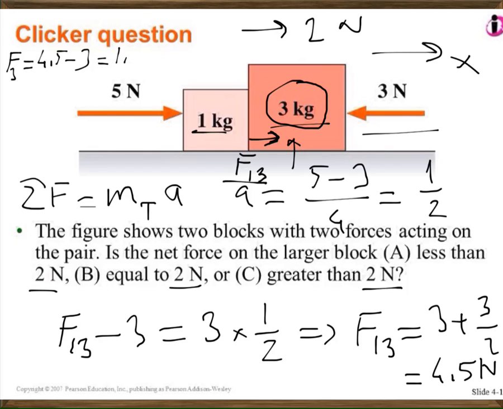So it is 1.5. And it is less than 2 newtons. Any questions?